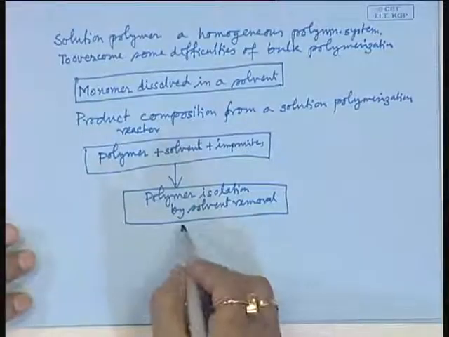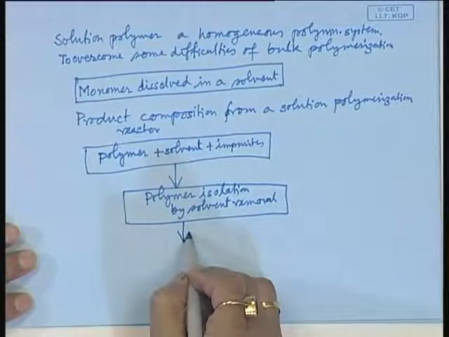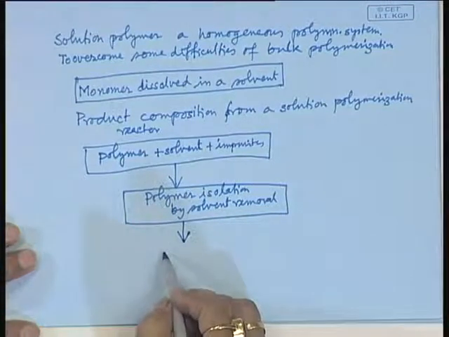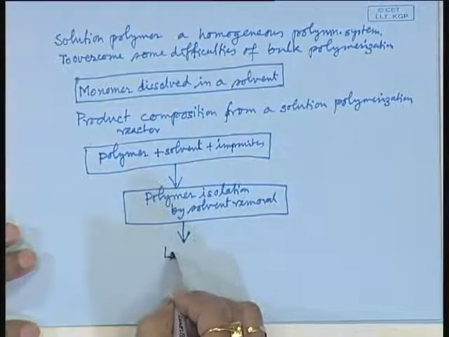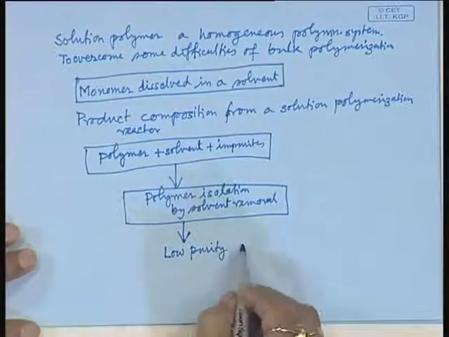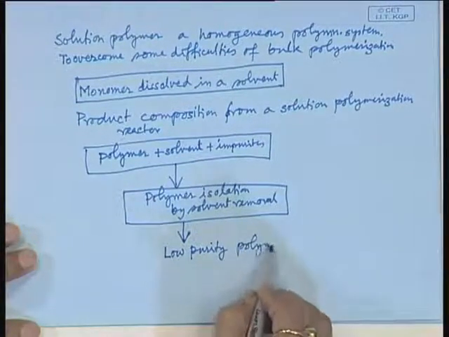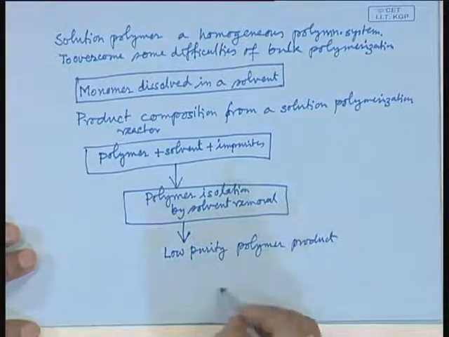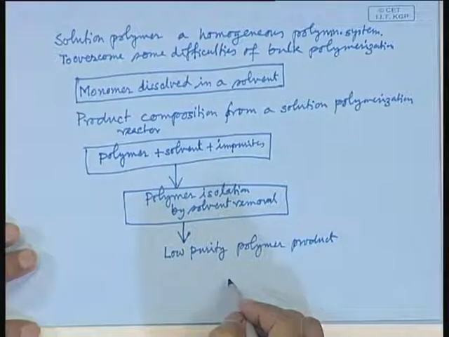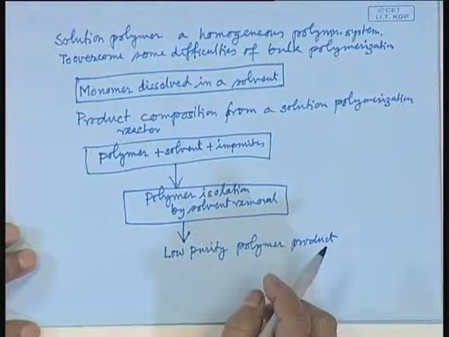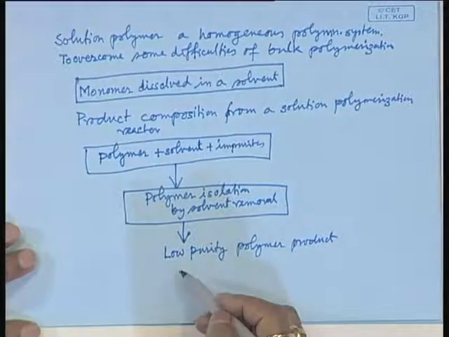So, we cannot get a very high purity polymer, we get a low purity polymer product. The cost of this polymer will be higher, because the solvent removal step becomes expensive.